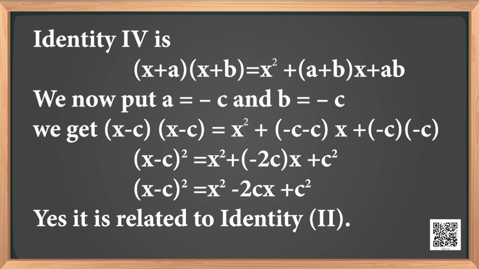We get (x minus c) into (x minus c) is equal to x square plus (minus c) into x plus (minus c) into (minus c). (x minus c) whole square is equal to x square minus 2cx plus c square. Yes, it is related to identity 2.